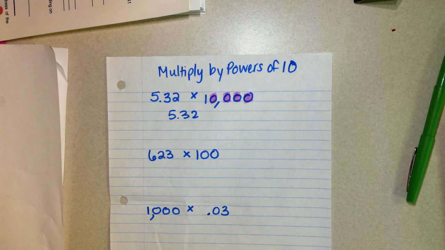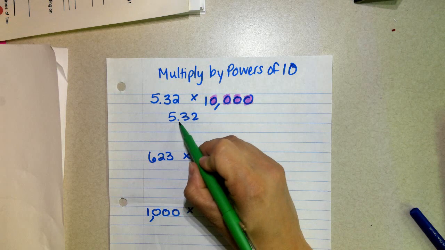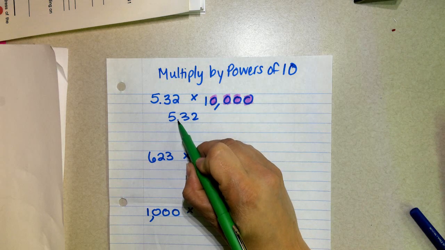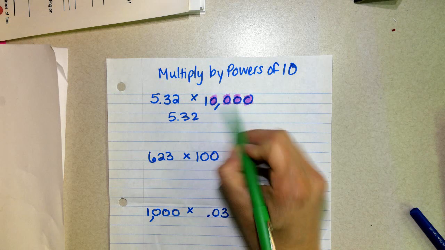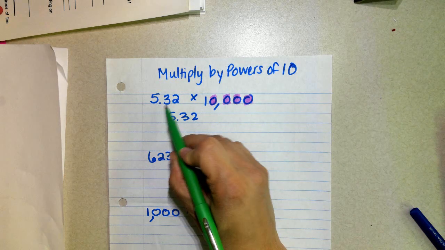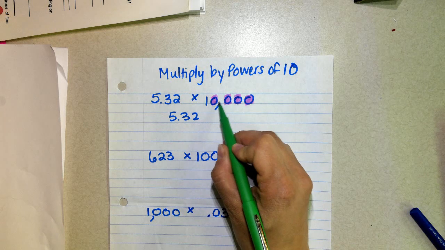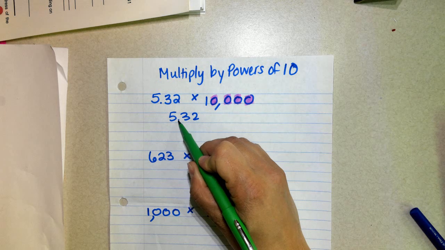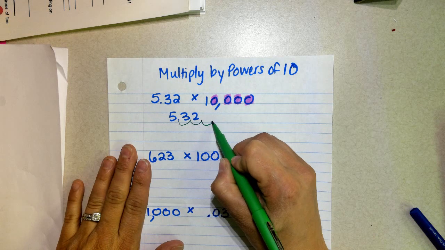And because I have 4 zeros, I'm going to move this decimal to the right. Now that is because 10,000 is a big number, which is going to make this 5 32/100 get larger.